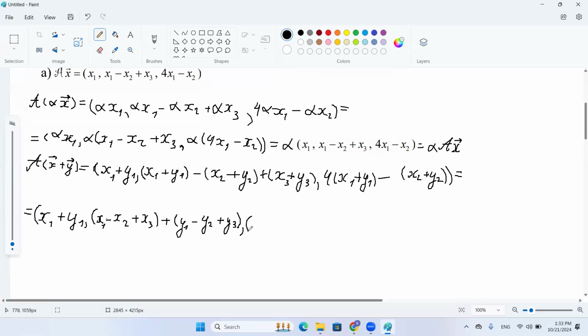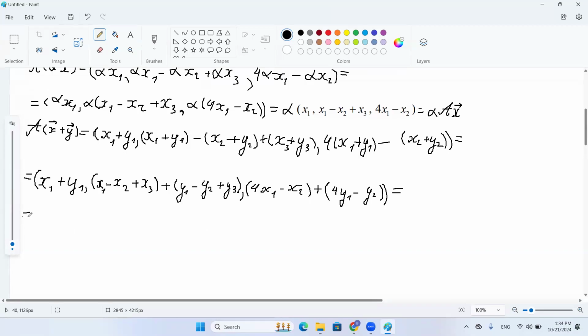Then the third coordinate: 4x1 minus x2, plus 4y1 minus y2. And now we can transform it, so we can write it as a sum of two vectors.